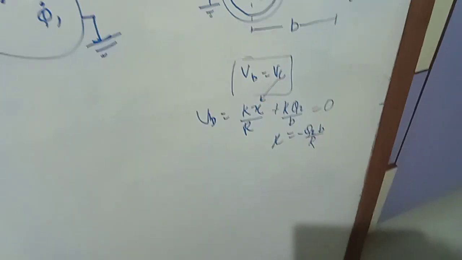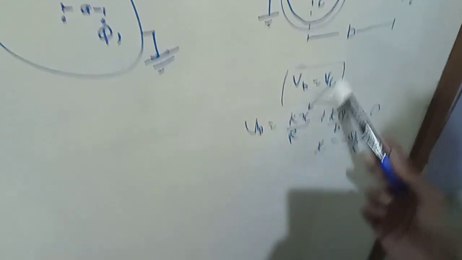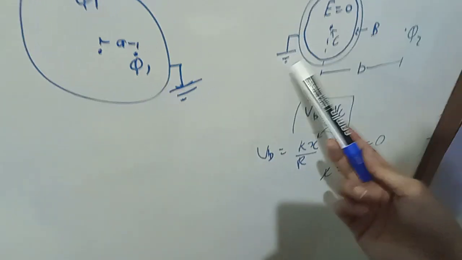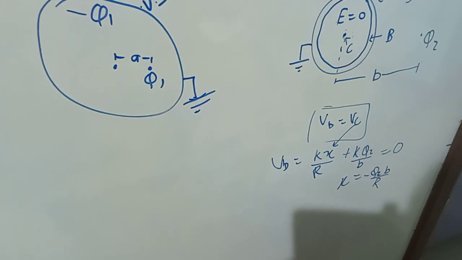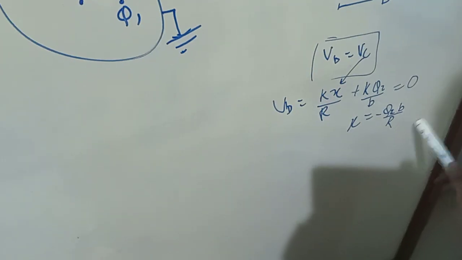V at B is this, which should be equal to 0 because this is grounded, just like me, down to earth, and we get x as minus q2 b by r.